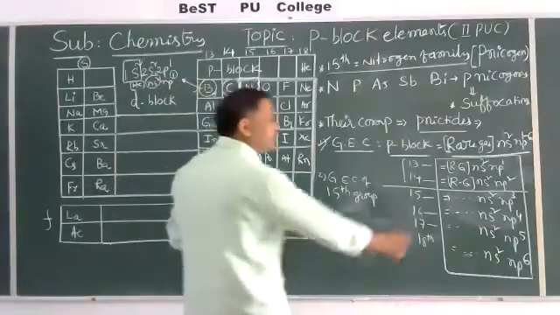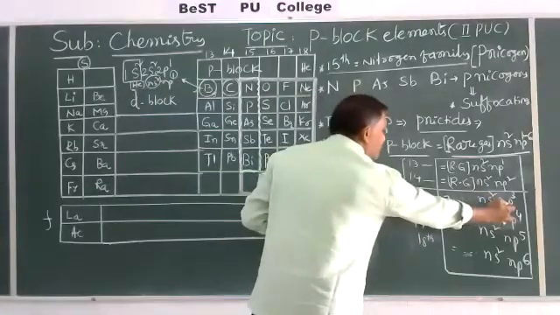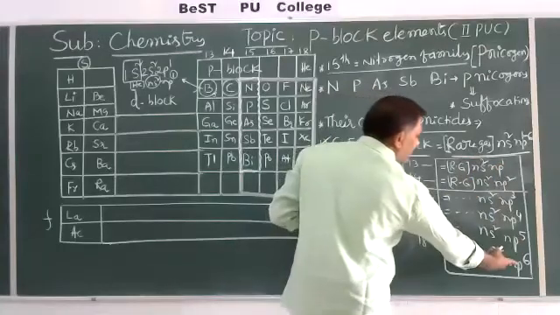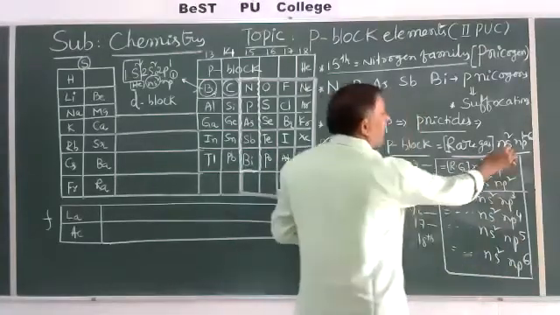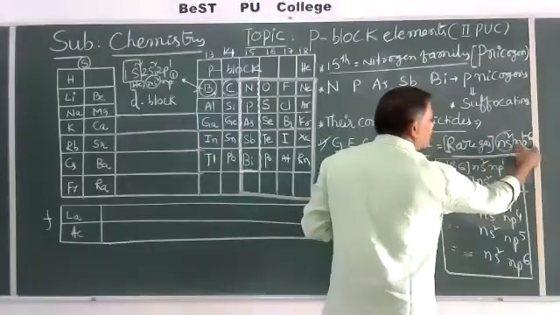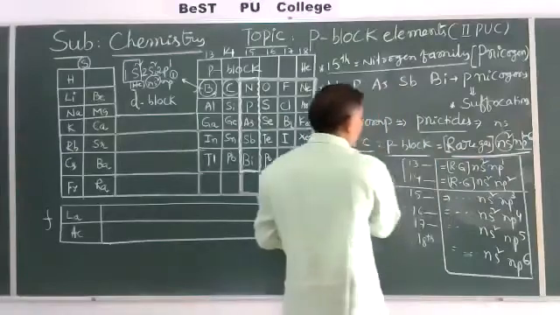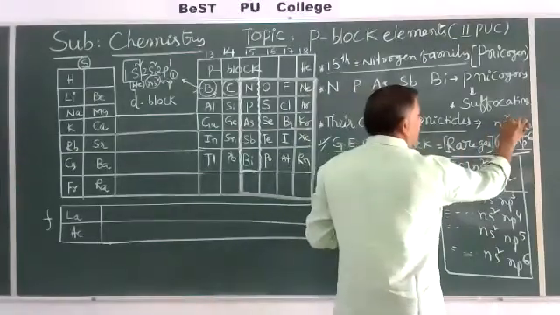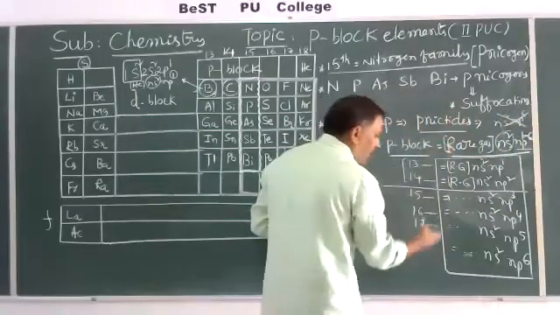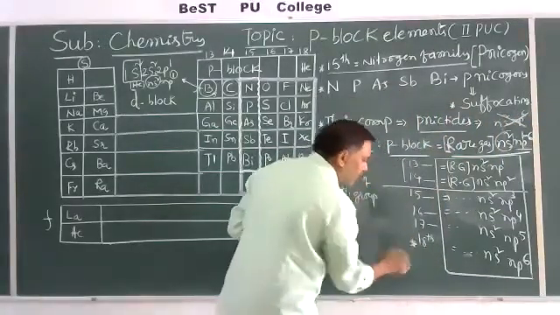Here the last entered electron also enters a p subshell, and the electrons increase from 1 to 6. Here ns is already completely paired. That's why don't write ns2 np6 as the general electronic configuration of p block elements. That is wrong. That is only for 18th group elements.